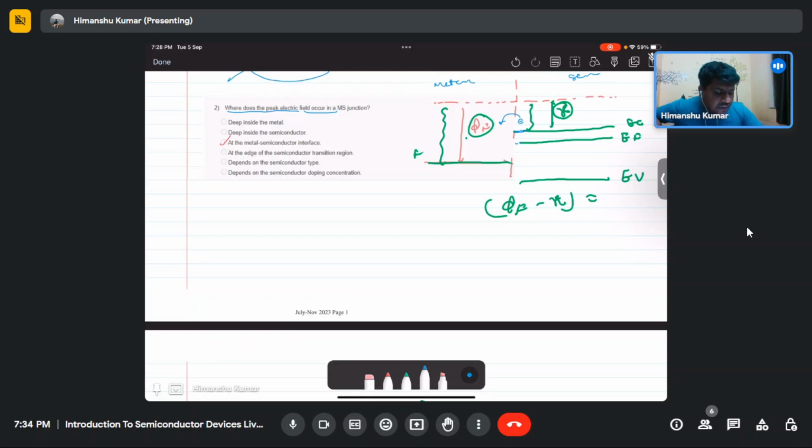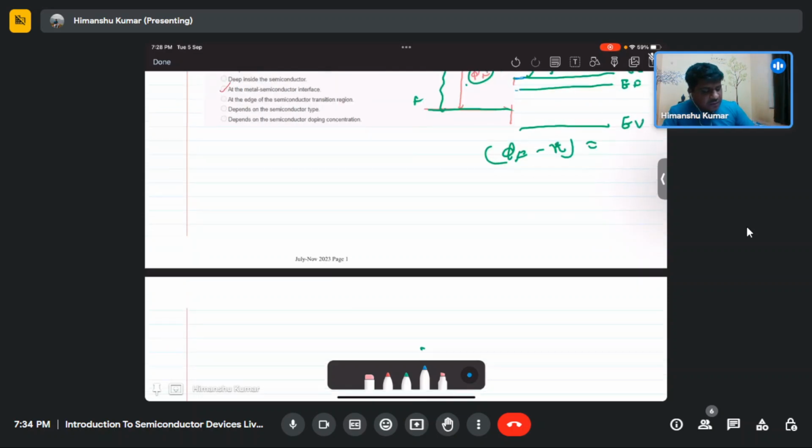As the electrons move away, the Fermi level will get down, and it will be equal to the metal Fermi level. After this, if you draw the band diagram, it will look something like this.